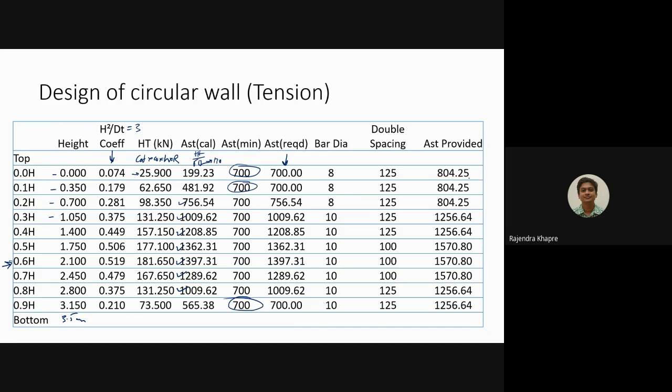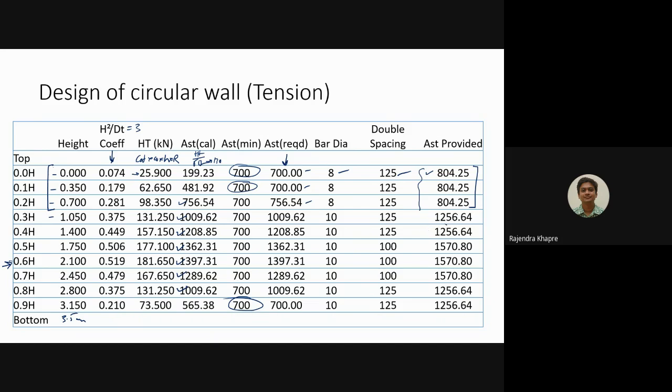This is the first region, from top to 0.7 meters. In this region we are using 8 bars of 12 mm diameter, which gives us an AST provided of 804.25. You can see the AST required here is 700, 700, this is 756, and for this region we are going to provide 804.25.